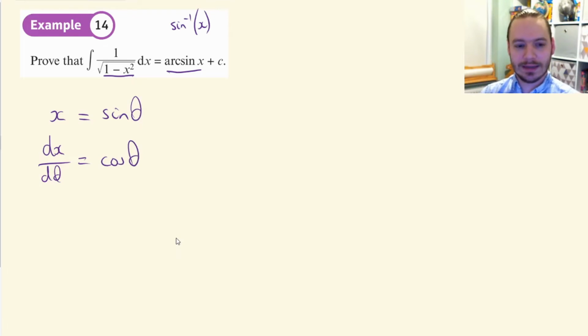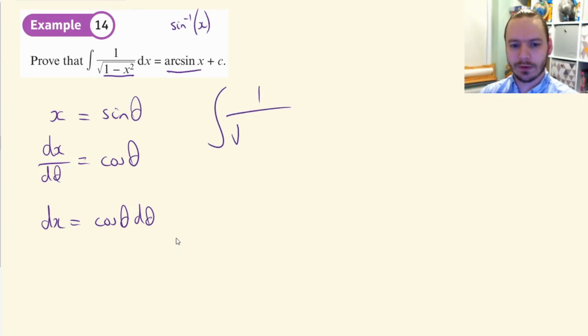So that tells me that dx is the same as cos theta d theta, and x is equal to sine theta. So my integral now looks like 1 over the square root of 1 minus sine squared theta multiplied by cos theta d theta.